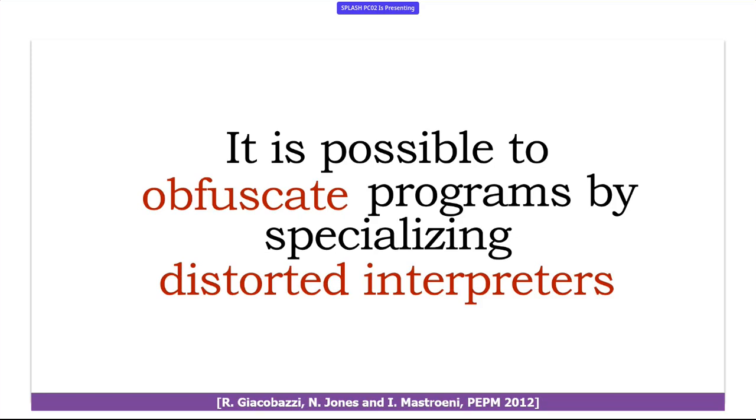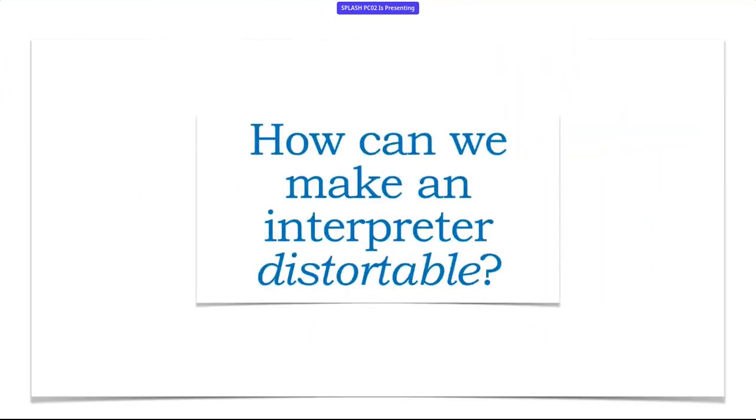So these are the main ideas, and in order to exploit these two points to obtain an obfuscation technique, we have to solve three issues. The first one is how we can make an interpreter distortable.